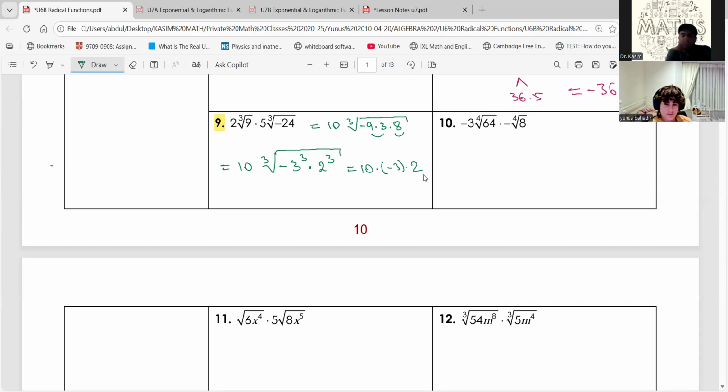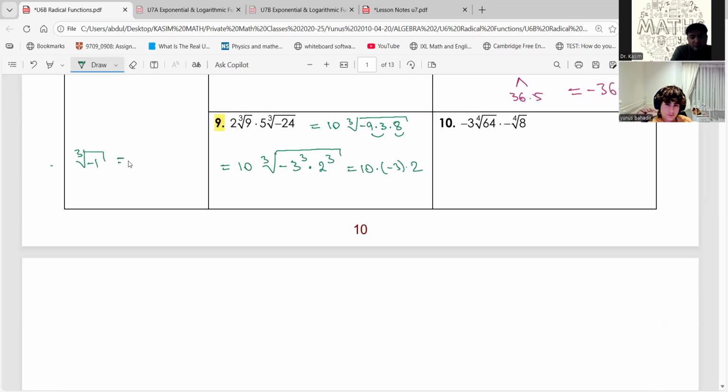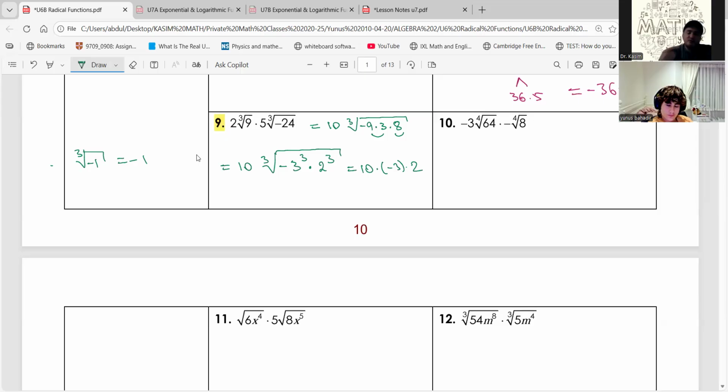Because cube root of negative 1 is just negative 1, since minus 1 cubed equals negative 1. Yeah, inverse operation, right? Raising to the power of n and taking the nth root of a number are inverse operations. If you raise x to the power of n and take the nth root, you get x back. So now if you simplify, that's equal to negative 60.